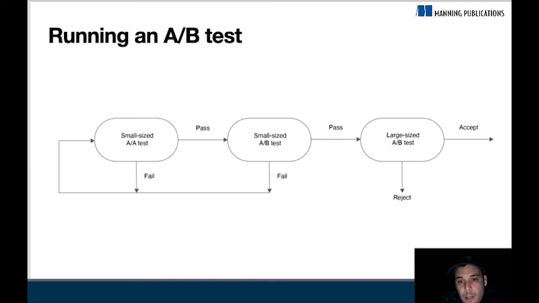Now you run a greater risk of introducing a bug or reducing business metrics than you did with the AA test. But you see, we're taking baby steps on our way to the full A/B test. If everything looks good within error bars of your business metrics, you'll pass on to the final stage, which is the large-sized or the full-sized A/B test.